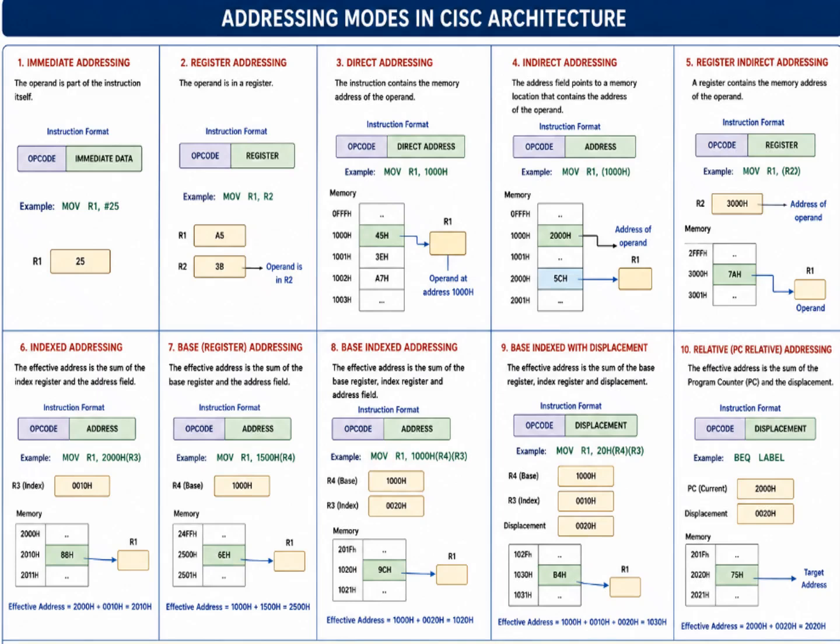So next, what are the addressing modes in CISC architecture? They are immediate addressing, register addressing, direct addressing, indirect addressing, register indirect addressing, indexed addressing, base addressing, base indexed addressing, base indexed with displacement addressing, and relative addressing, that is PC relative addressing.